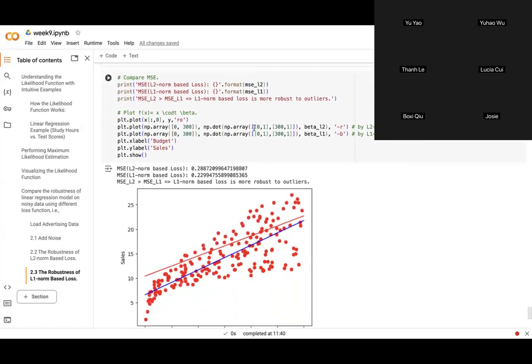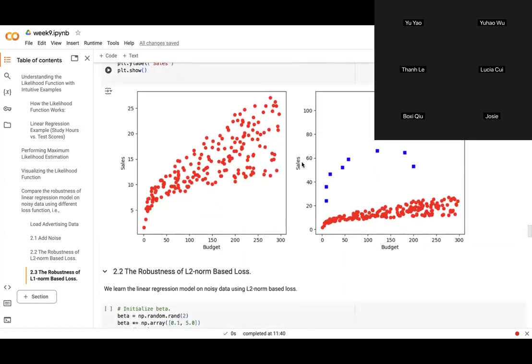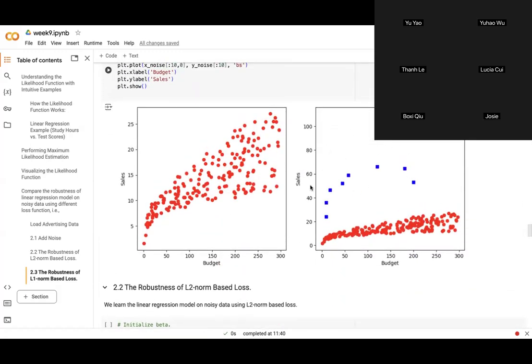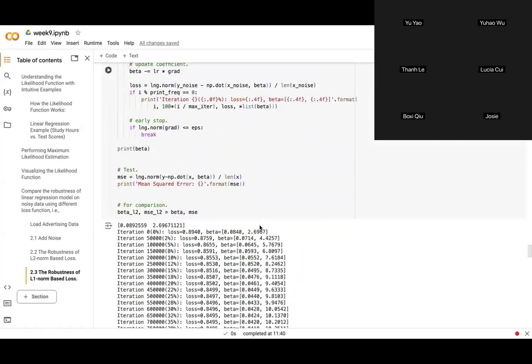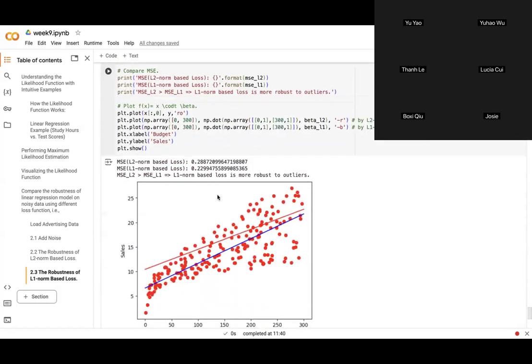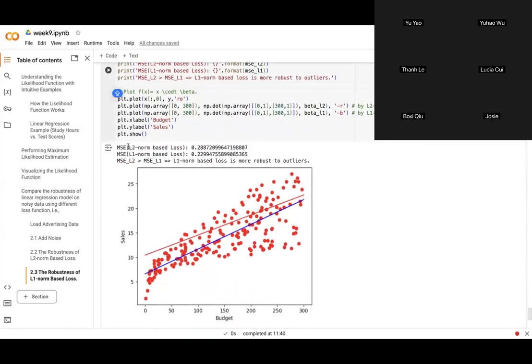Okay, now we make a summary about the L2 and L1 loss. Because in our data we added some noise, and we want this noise not to affect our model training, we use L2 and L1 loss functions and train the model.